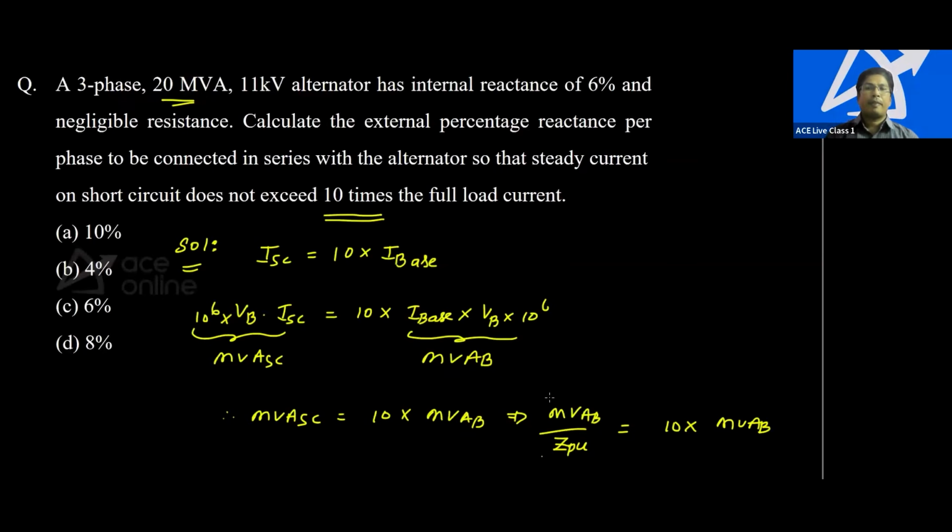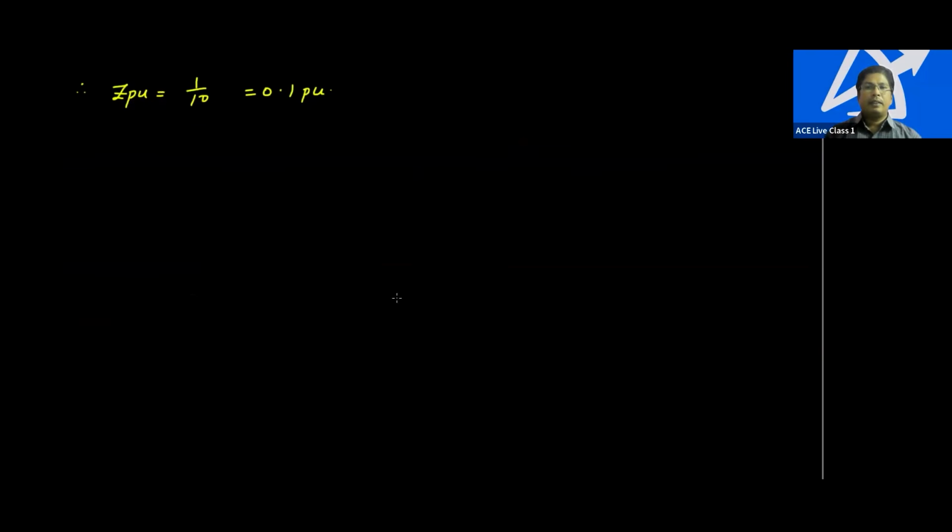Therefore, Z per unit is 1 by 10, which is 0.1 per unit. 0.1 means you can write it as 10%.